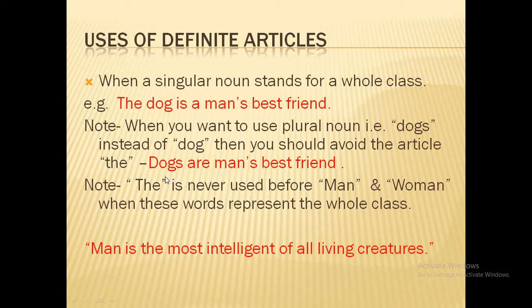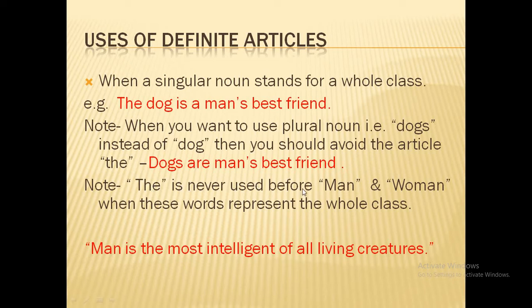Now, in the next usage, when you use a plural noun, dogs instead of a dog, we avoid the article, as in dogs are man's best friend. Because it is plural here, we will not use the. Here we are talking about a singular noun for the whole class, so that is why we are putting the article the.